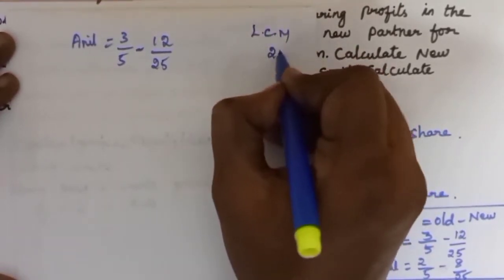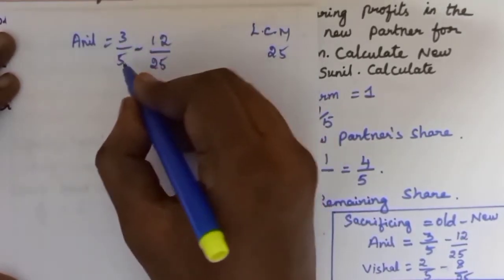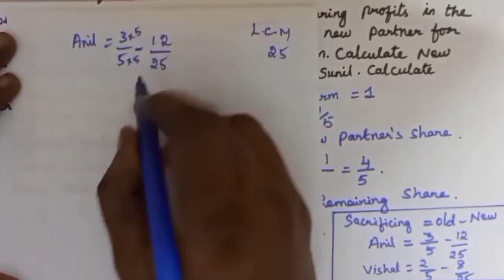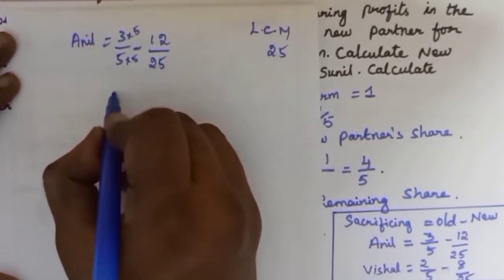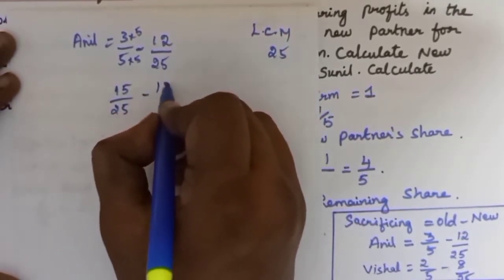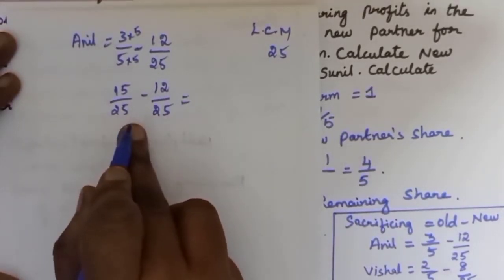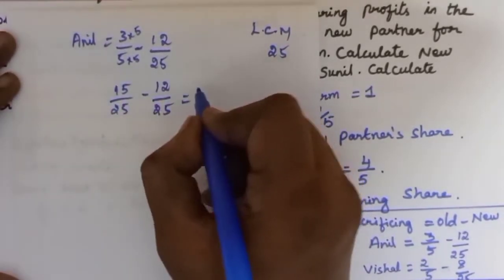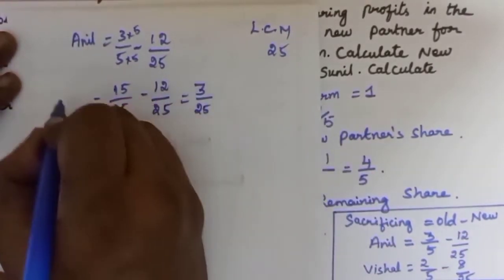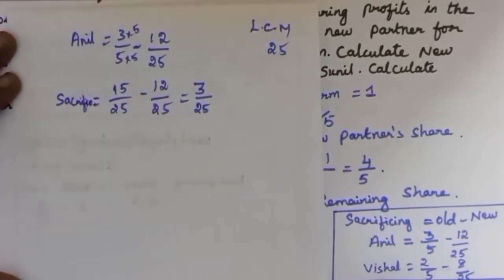So we have to convert the denominator to 25. In the first case, we multiply by 5 to get the denominator. 5 5s are 25 and 3 5s are 15. Next one, 12 by 25. Subtract 15 minus 12, 3 by 25. Share sacrificed by partner Anil is 3 by 25.